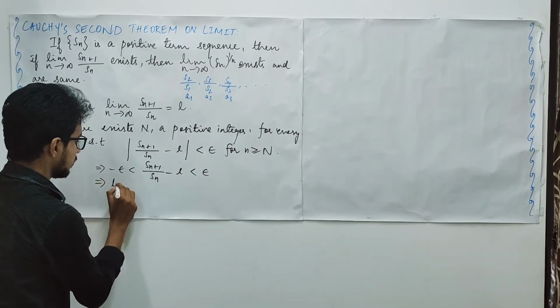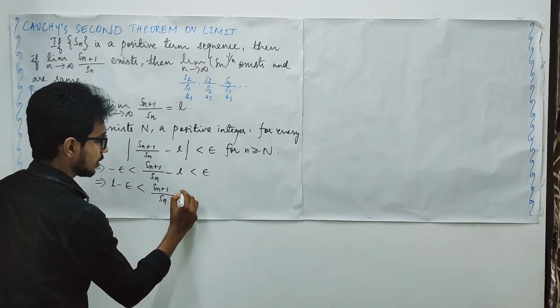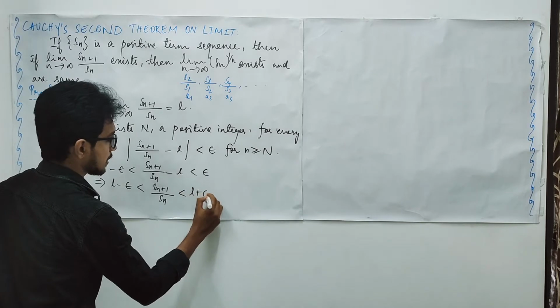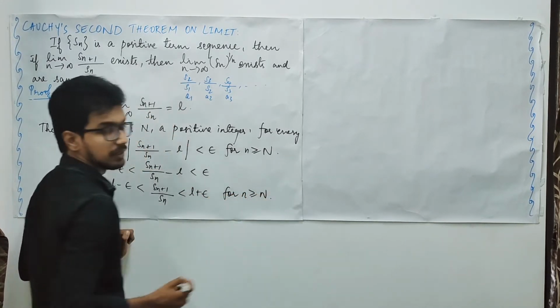And this is L minus epsilon less than S_{n+1} upon S_n less than L plus epsilon, and this is true for n bigger than or equal to N.